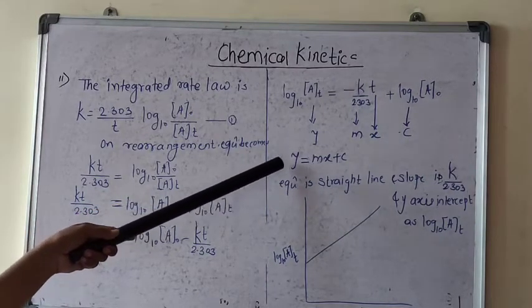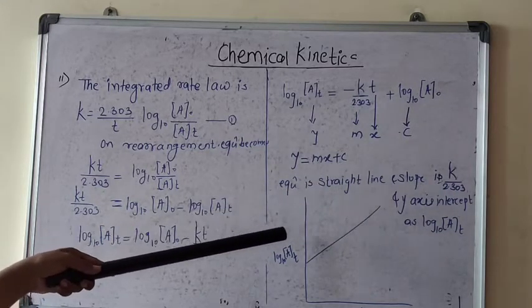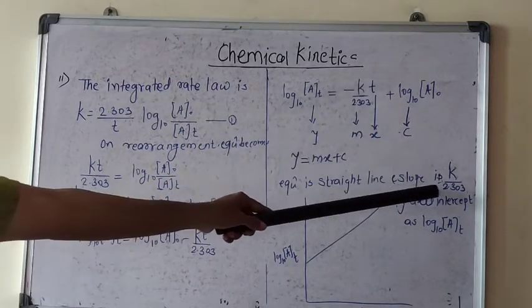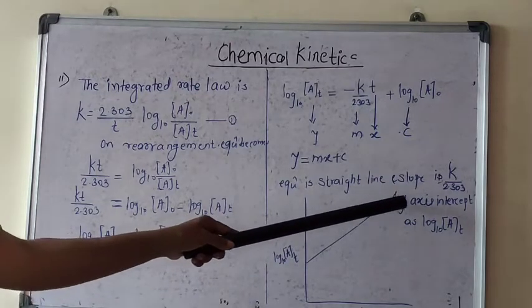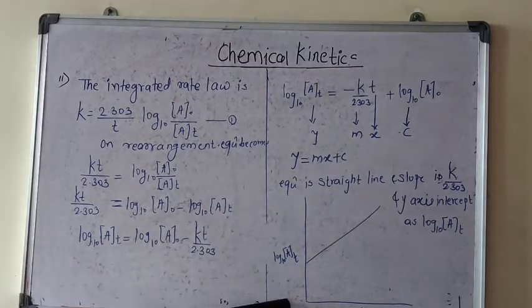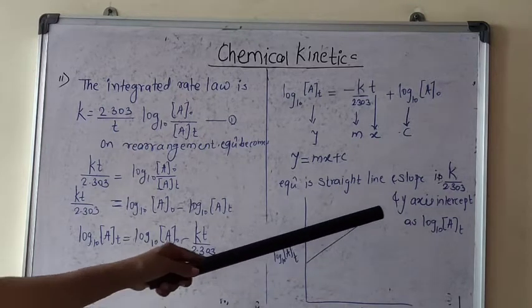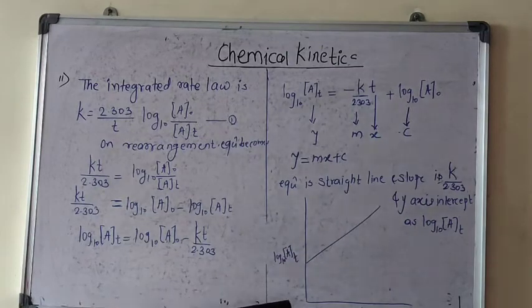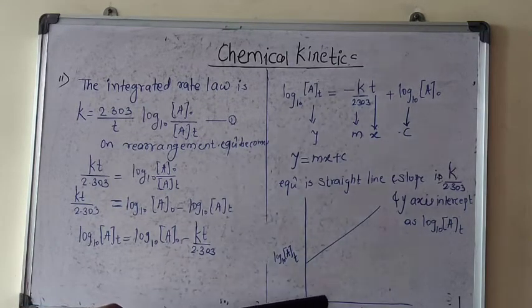As the equation is in the form of mx plus c, it is a straight line, and the slope is minus k upon 2.303. The y axis is intersected at log to the base 10 of A0 when we plot the graph of log to the base 10 At against the time.